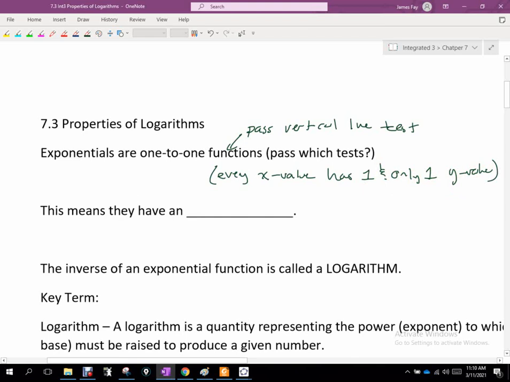The reason we define it as a function, giving it a new name instead of just calling it an equation, is because when I say here's an equation, you don't know that every x value has one and only one y value. It could have two. But when I tell you here is an equation that is a function, you know this condition is met.